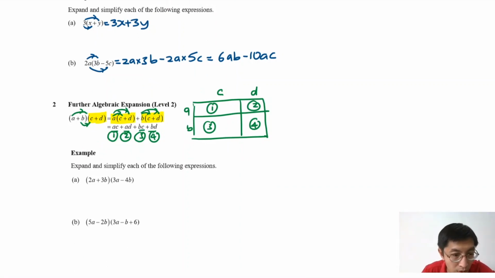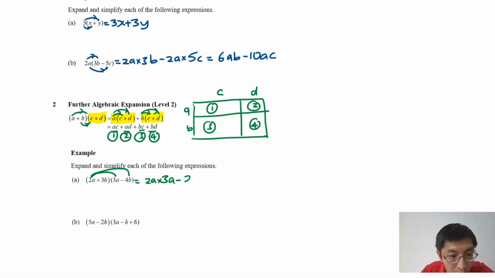So for instance, if you have example A, (2a + 3b) multiplied by (3a - 4b), you first multiply from the left term of the first factor to the left term of the second factor. So that will be 2a times 3a. You do that over here to the second term.